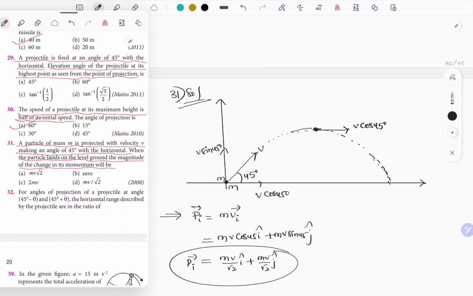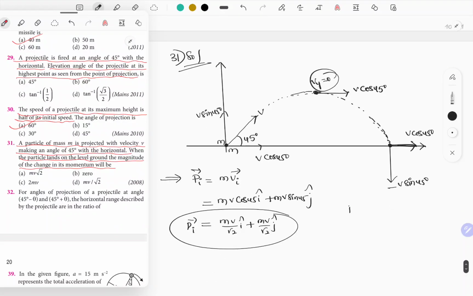When it hits the ground, the horizontal component will be constant, equal to v cos 45. The vertical component of velocity increases back to its initial magnitude. At maximum height the vertical component is 0, and when it hits the ground it is minus v sin 45.